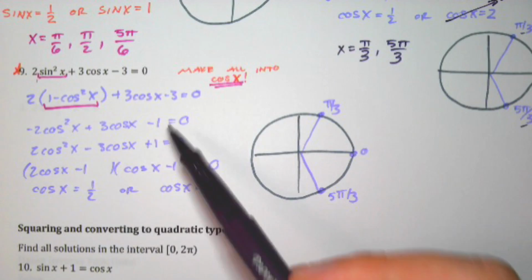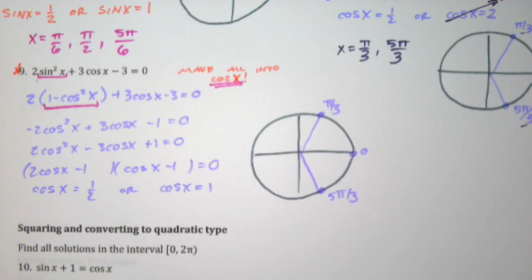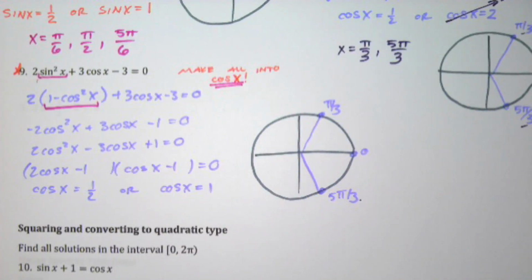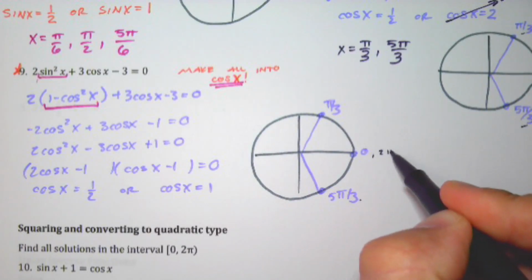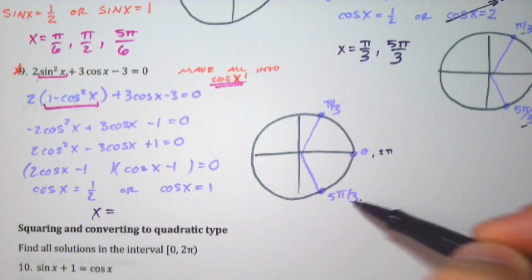And again, from there, if you need to, you can rewrite it like number 8 to factor it quadratically. And we end up with either cosine of x at 1/2, again, like number 8, at pi over 3 and 5 pi over 3, and cosine of x at 1, which happens at 0. It also happens at 2 pi. So take a minute. I'm for sure going to get in my pi over 3 and 5 pi over 3.